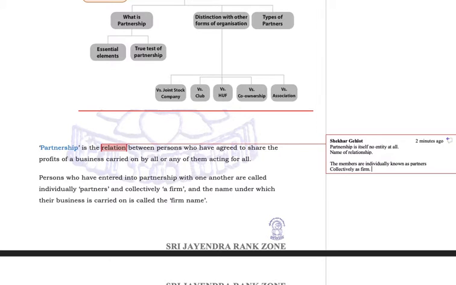Collectively, they are known as a firm. And the name under which the business is carried on is called the firm name, whatever name they may have chosen, ABC, XYZ, Messrs, etc.